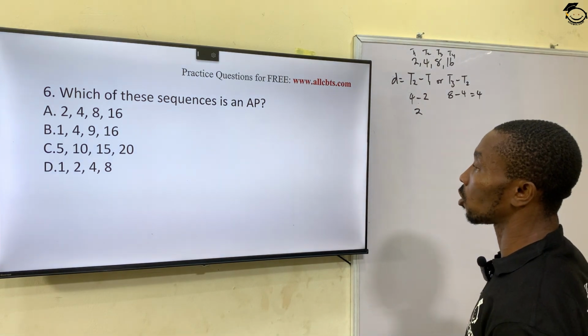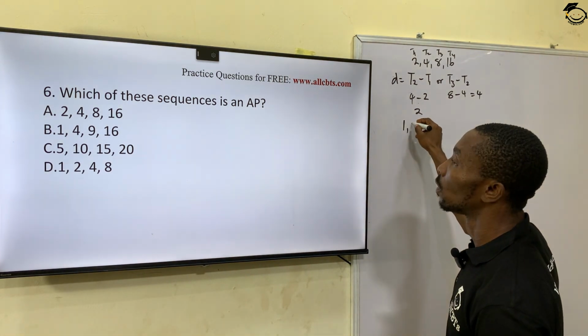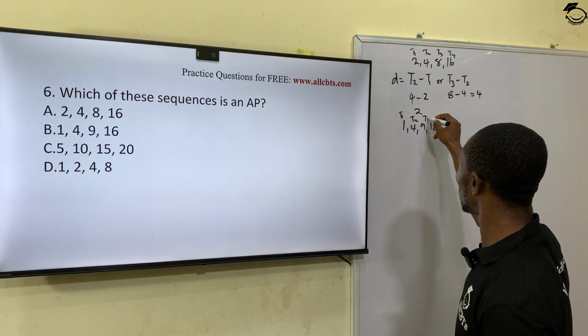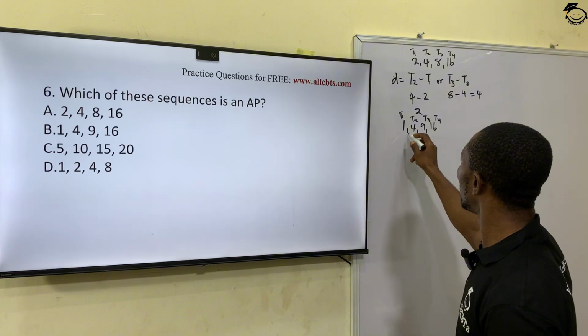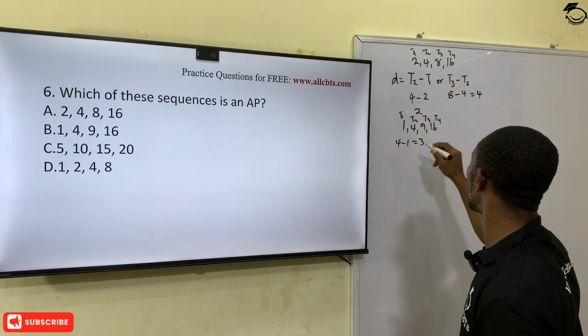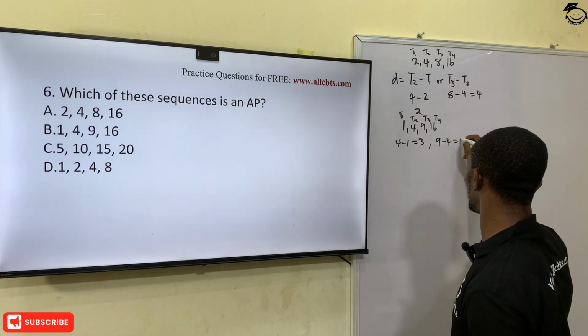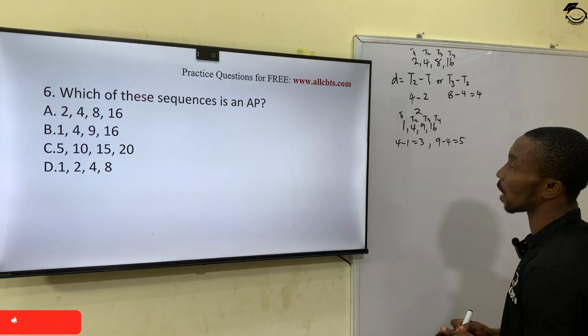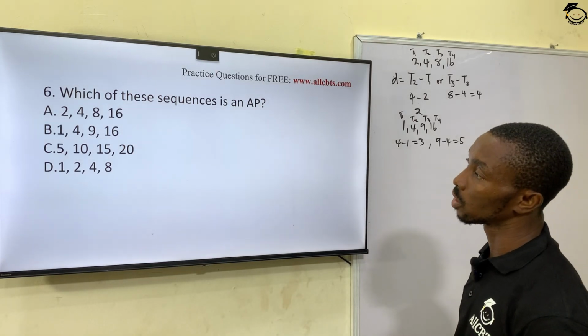Looking at the second one, we have 1, 4, 9, 16. This is T1, T2, T3, T4. Applying the same formula, 4 minus 1 will give us 3, but 9 minus 4 will give us 5. So it's not common, it's not the same. So that option is wrong.